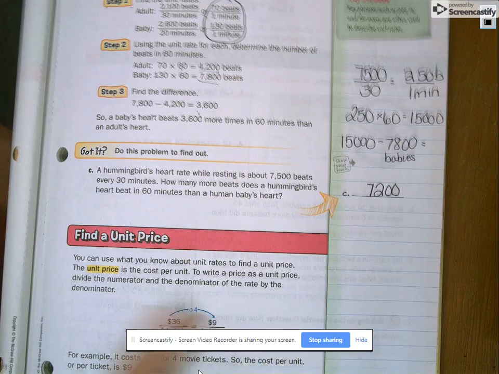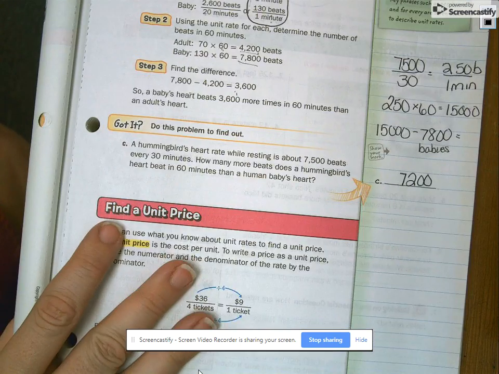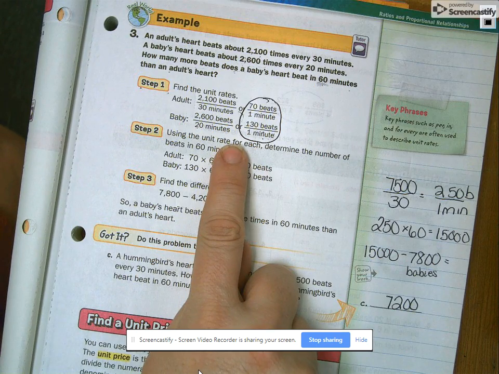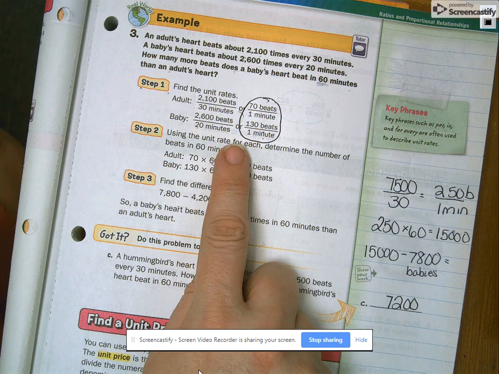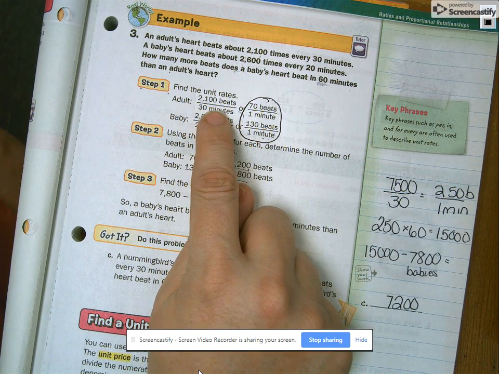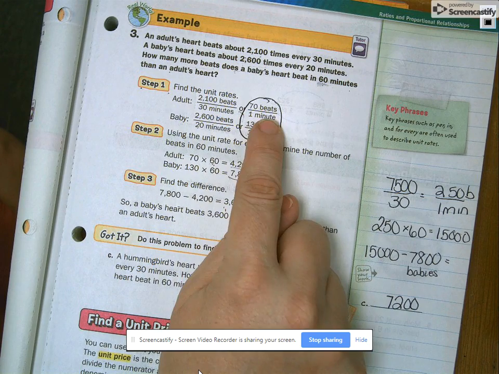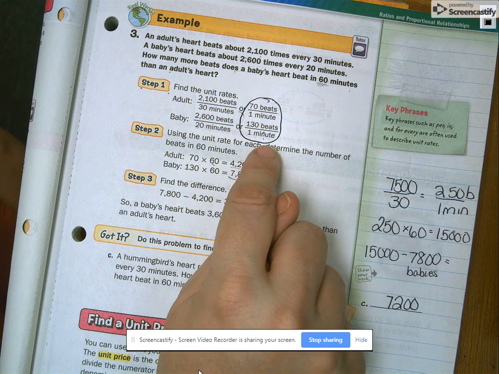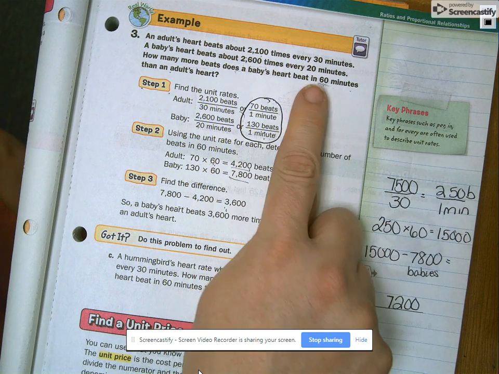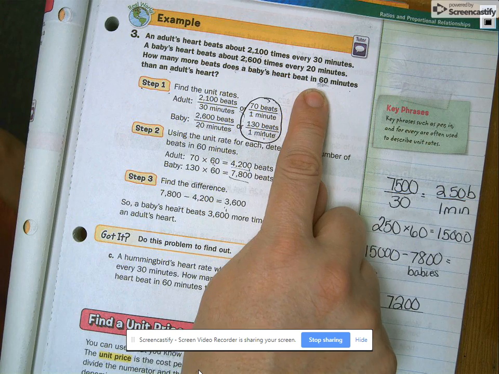All right, let's look at number 33. It's asking us to do quite a few different things. The first thing that we did was find the adult beats for 1 minute and the baby beats for 1 minute by just dividing. So we found the unit rate. Then it asks us not for 1 minute, but for 60 minutes.